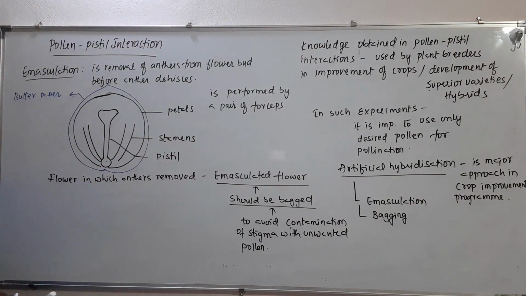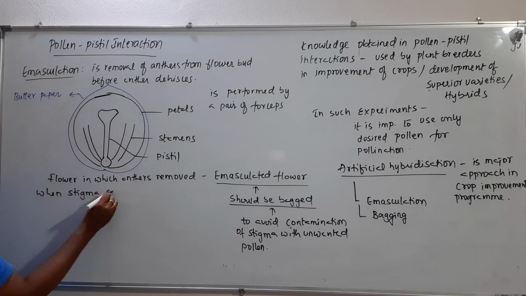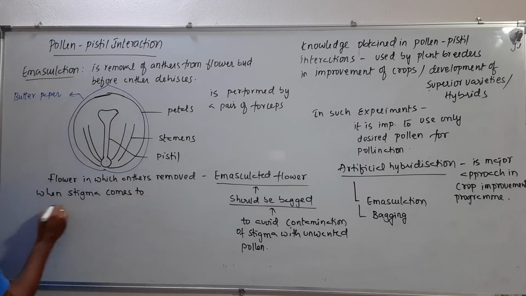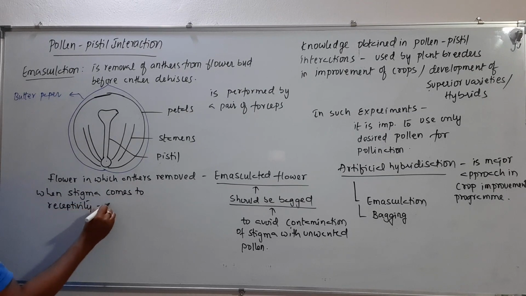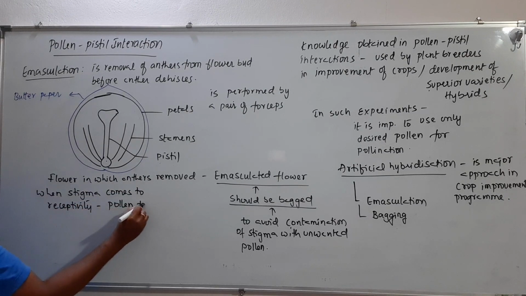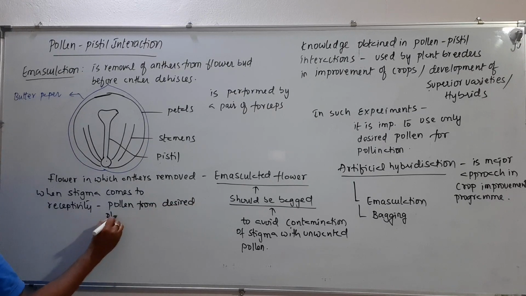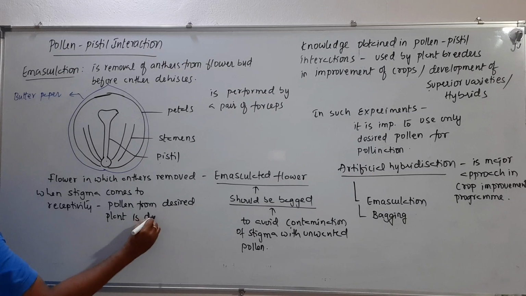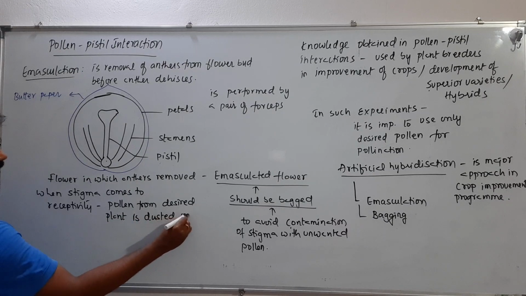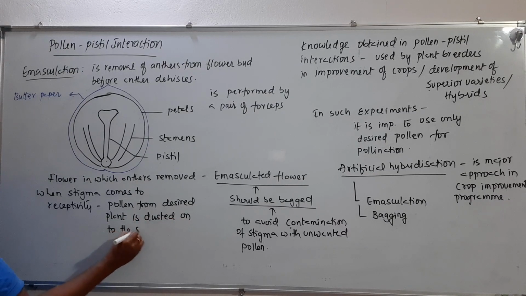Now once the stigma comes to receptivity, then pollen from the desired plant is dusted onto the stigma, thereby completing the process of pollination.